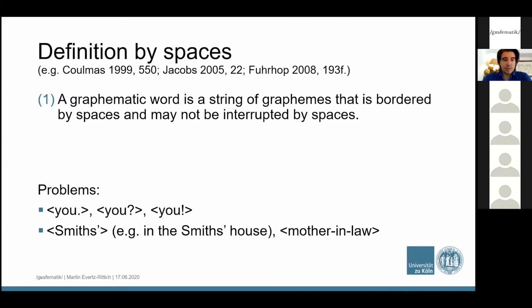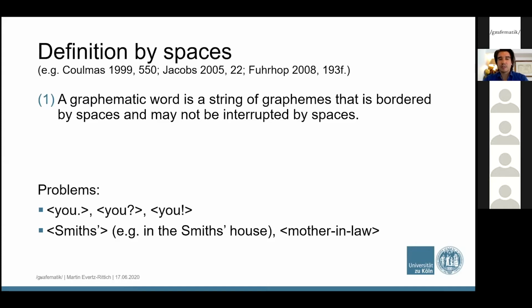If you see below, for instance, "you" with different punctuation marks, they do not seem to be a graphematic word according to the definition in 1. And even if they were graphematic words, we could not say whether they are one graphematic word or three or whatever. Also in "Smith's" with apostrophe or "mother-in-law" with hyphens, we do not really know what these things are.